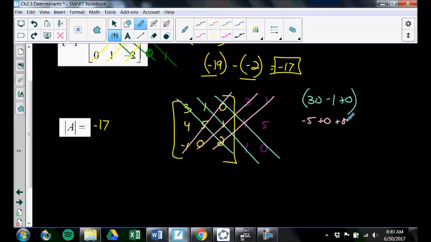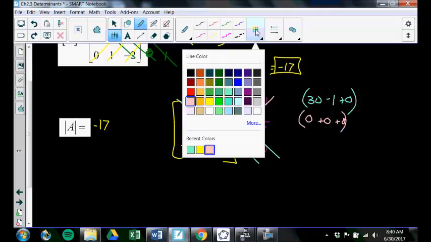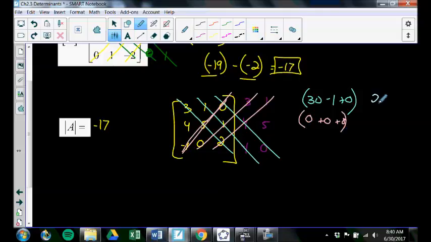Nope, this first one wouldn't be -5, because -1 times 5 times 0 is not -5. -1 times 5 times 0 is actually just 0. And so I ended up with 29 minus 8, which is 21.